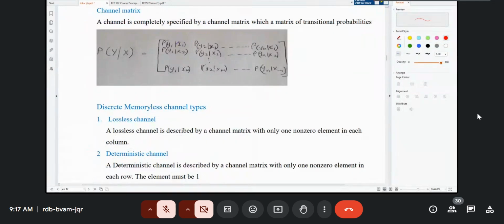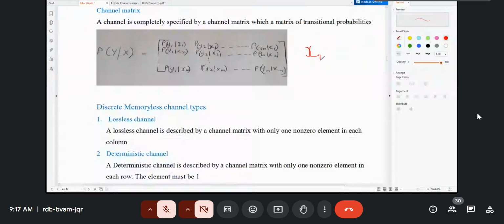Sometimes you may not have the same number of symbols at the output as at the input. There may be fewer or more, and we are going to see those cases. But what we are saying is that the transitional probability matrix gives you all those conditions.